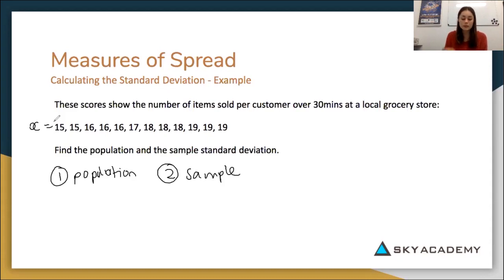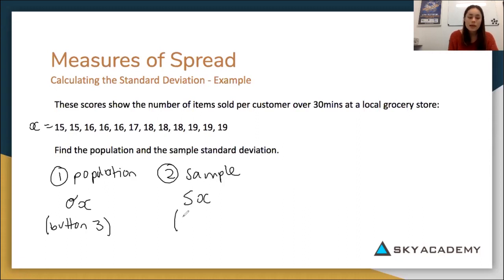Then when you've done that, more options will come up. This is where we differ between population and sample. The population one is the one that looks like this. On my calculator, it's button 3. And the sample standard deviation is the one that has the S next to it. On my calculator, that's button 4.